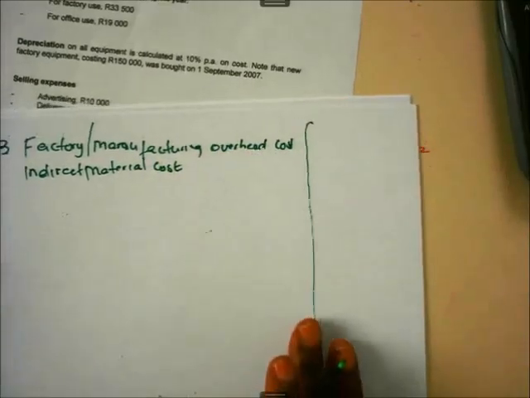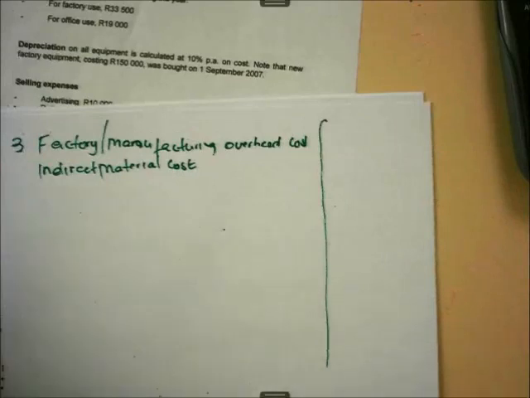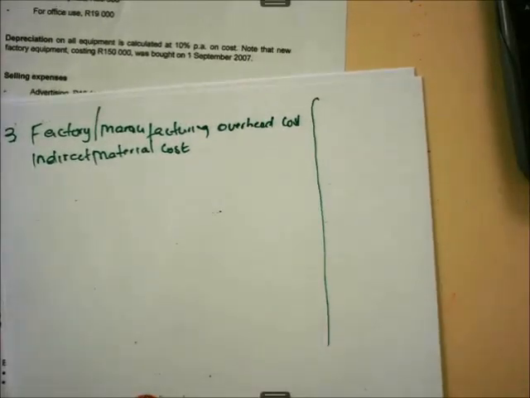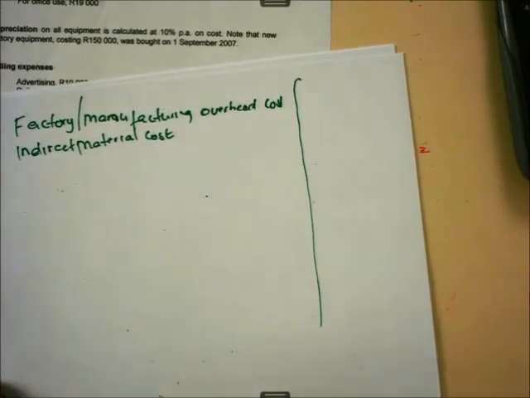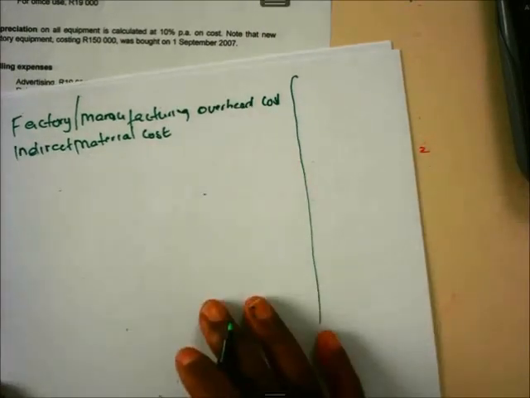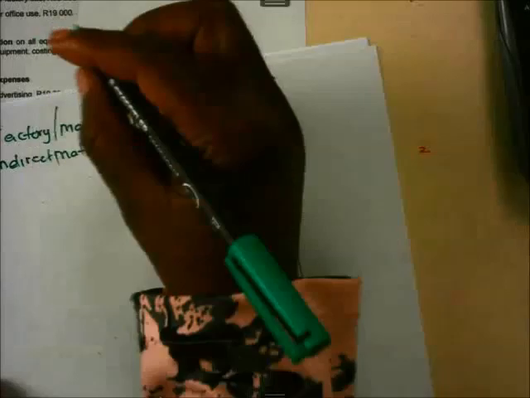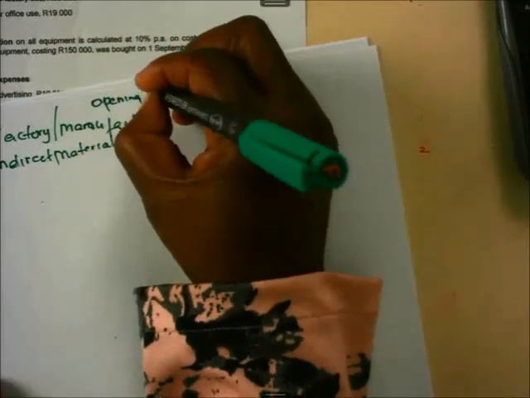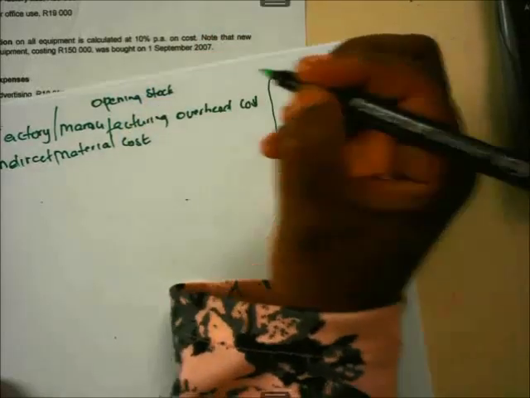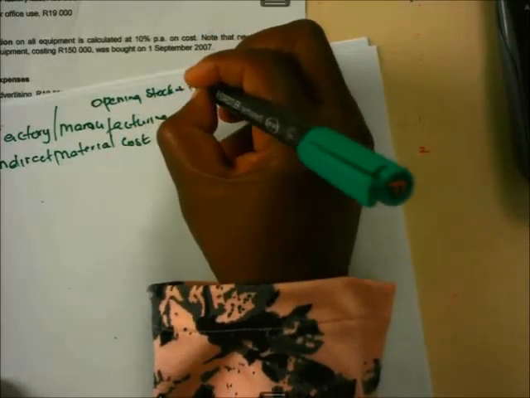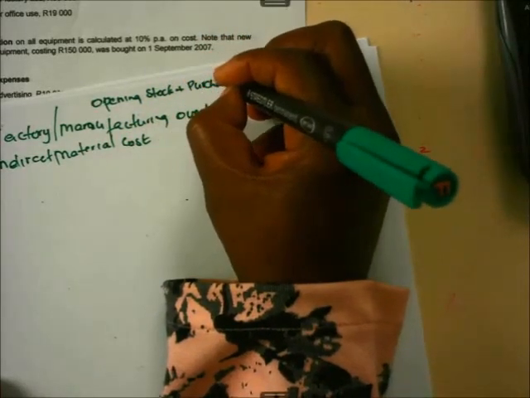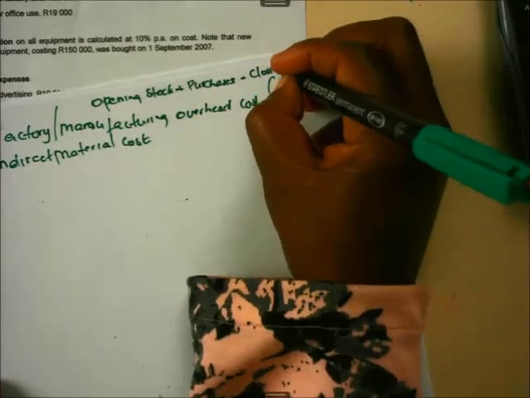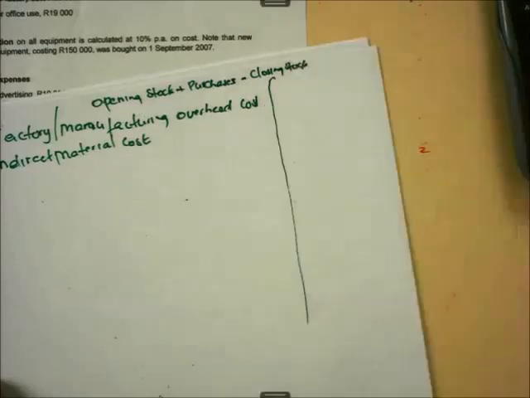Now let's go to the question again, looking for the indirect material cost. When we start this, do not forget, we start with the opening balance or opening stock of the indirect materials plus the purchases during the year minus the closing stock of indirect materials.